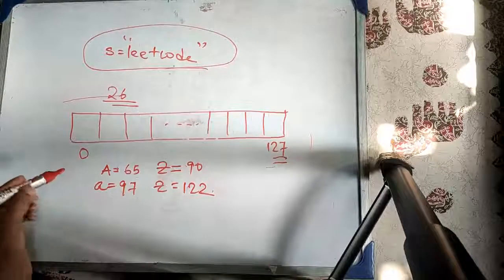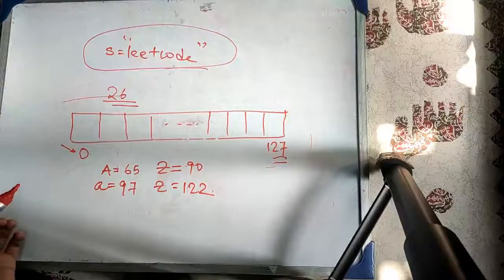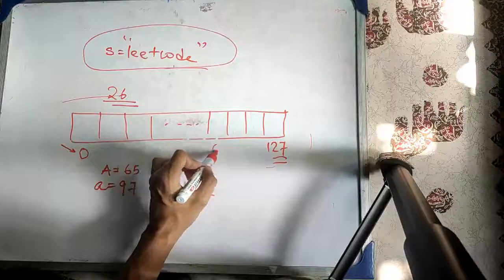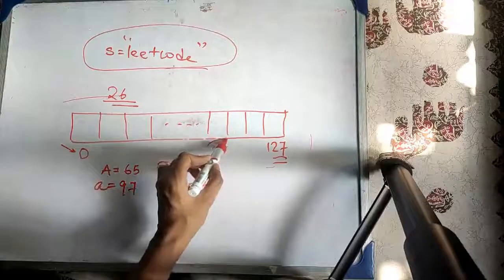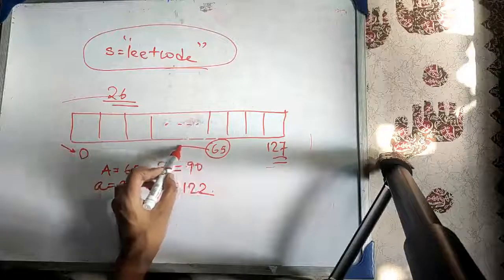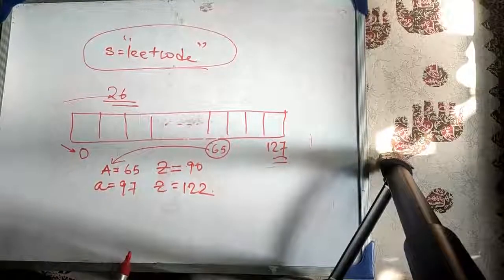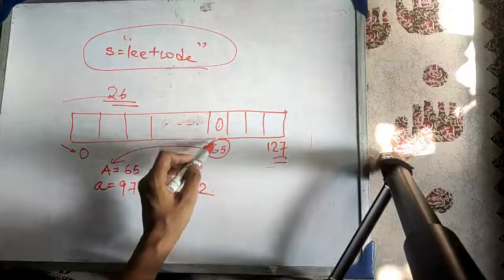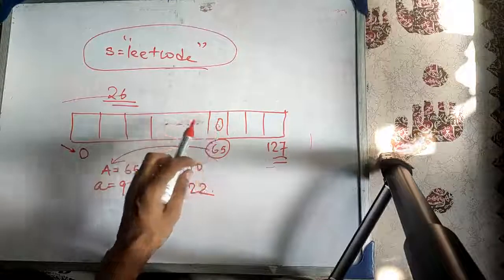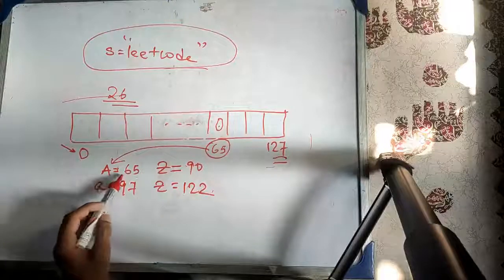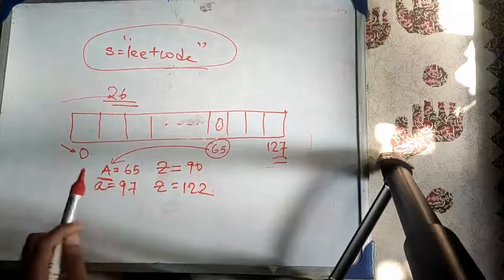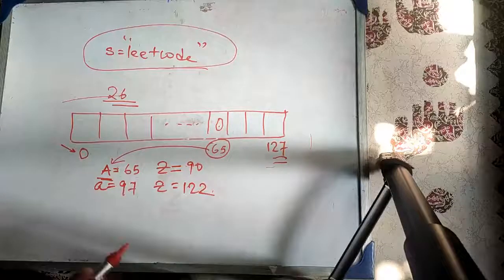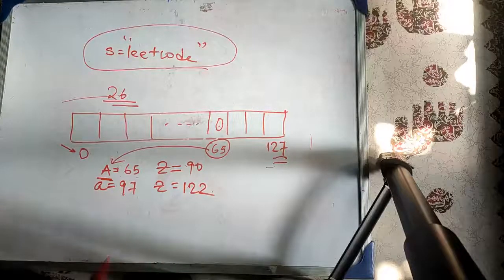Each index will represent the ASCII value of a character. For example, index 65 will represent the ASCII value of A, and the value of count at this position will represent the frequency of this character in the string. That's why I have created this array. We can also call it a lookup table.